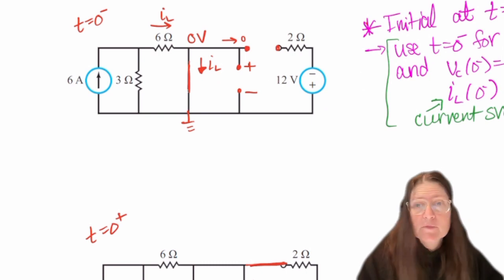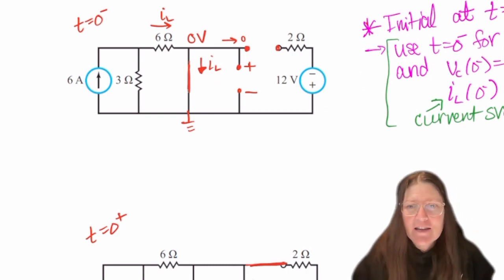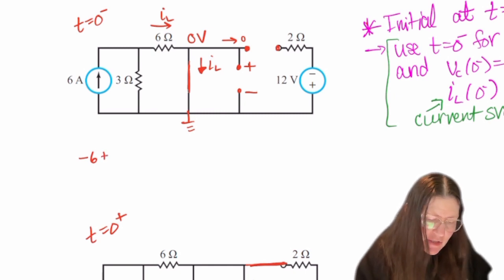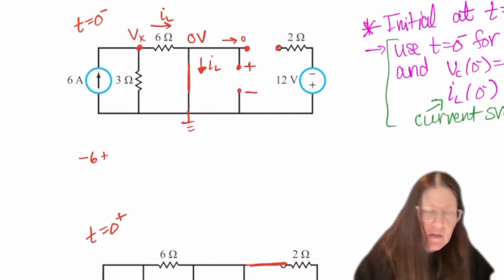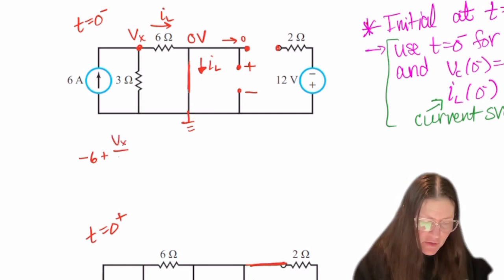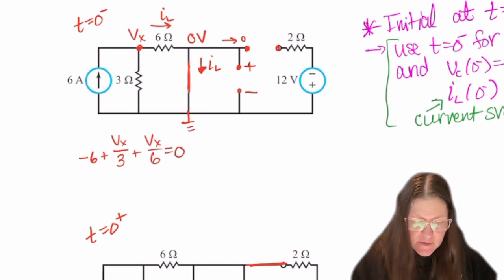So doing node voltage, which you all know that I love, so minus 6, and then I'm going to just call this some variable Vx, and so this will be Vx over 3 plus Vx over 6 equals 0.